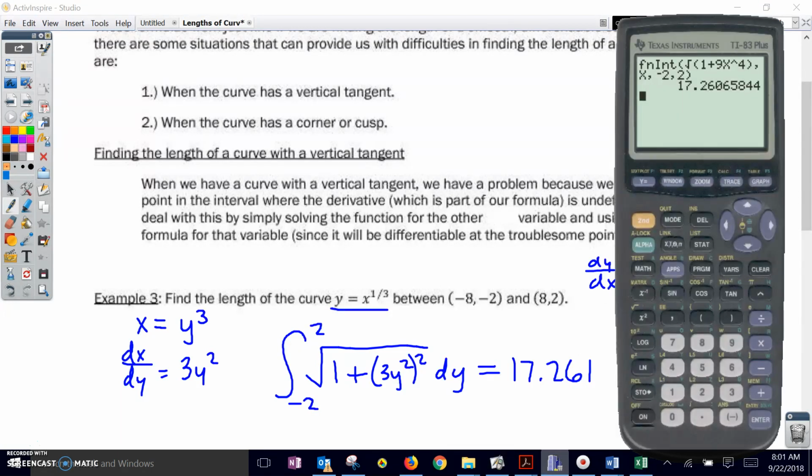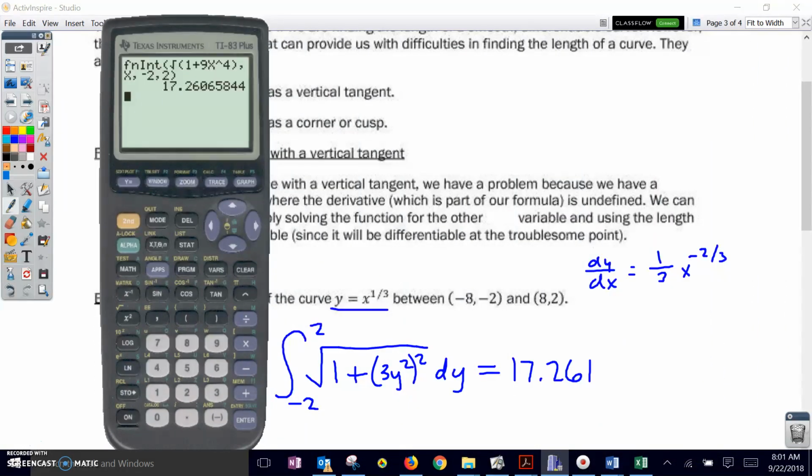And so if I tried to find my arc length that way, it would have been the integral of the square root of 1 plus quantity 1/3 x raised to the negative 2/3. There's the exponent, close the quantity, and then we need to square that quantity, and then close the radical.